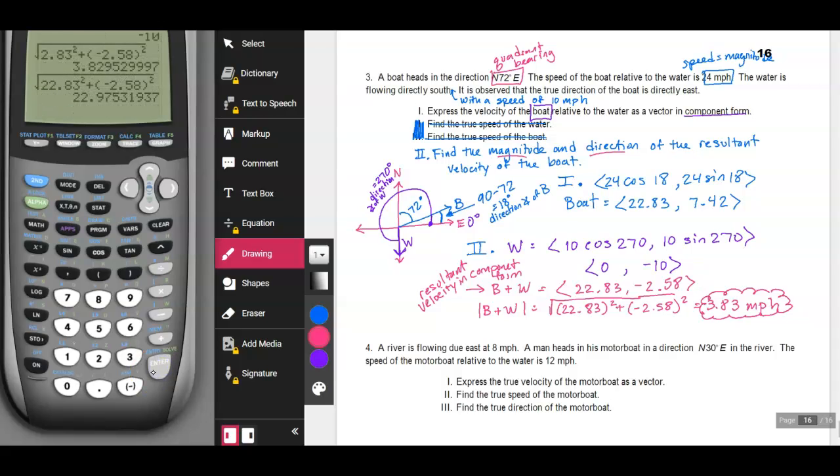Just rolling. Okay, I knew this was too small. I'm like, that number is small for this problem. 22.98.